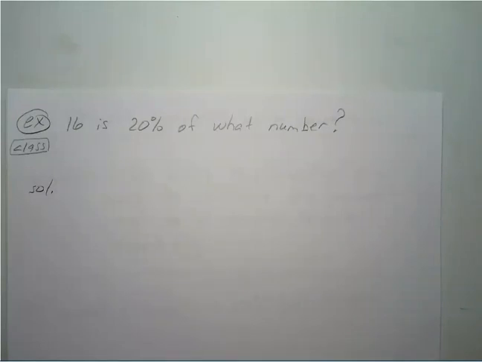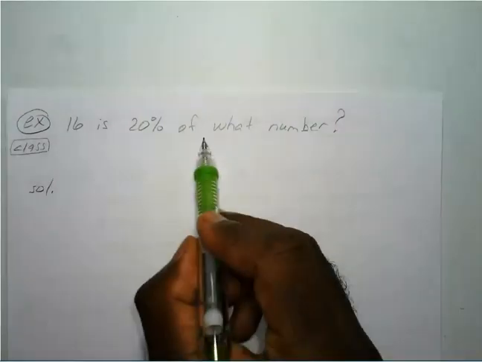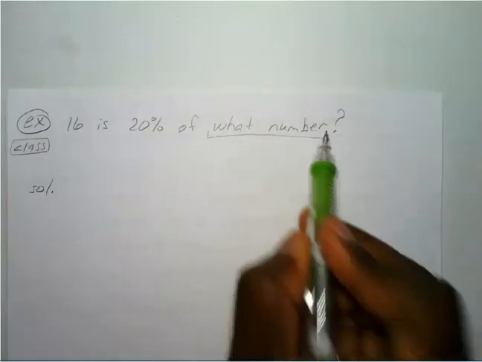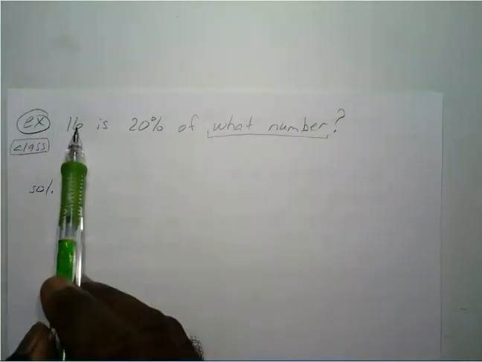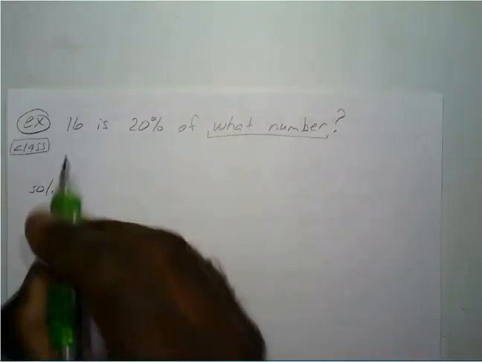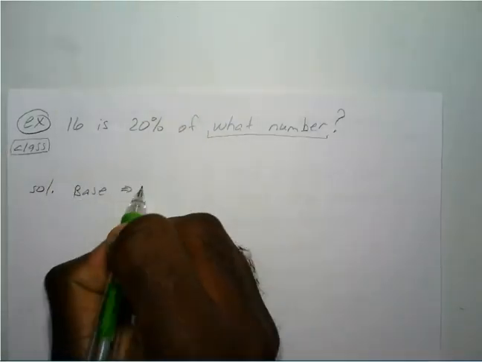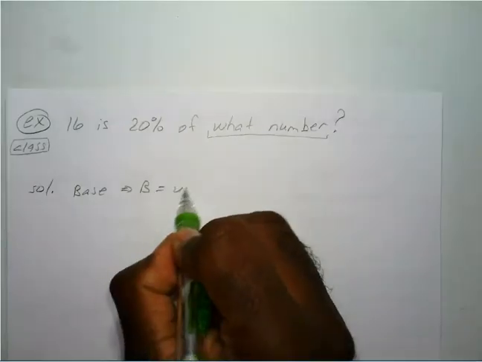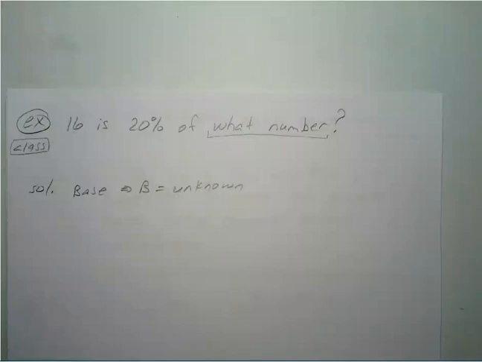Okay, so if you think about it, 16 is 20% of what number? Now in this case, the what number, that's your base, because we're looking for a portion of a certain number. So your base is unknown. All right.